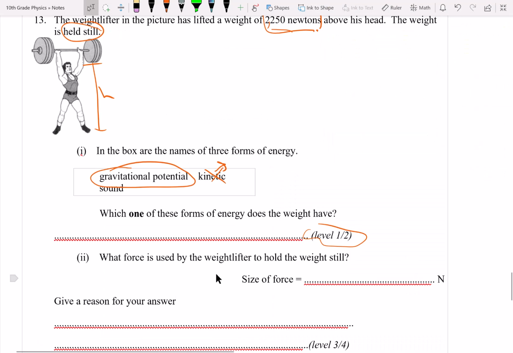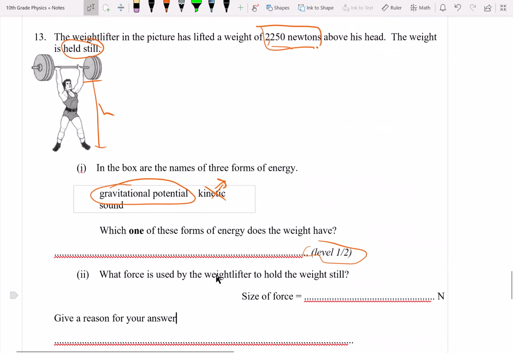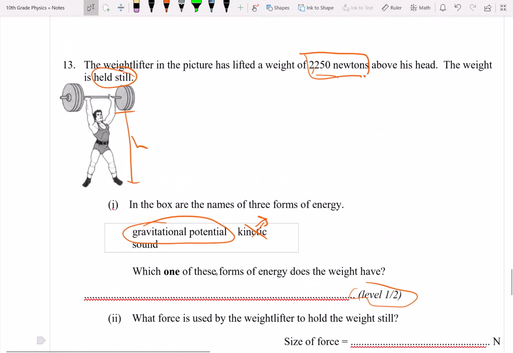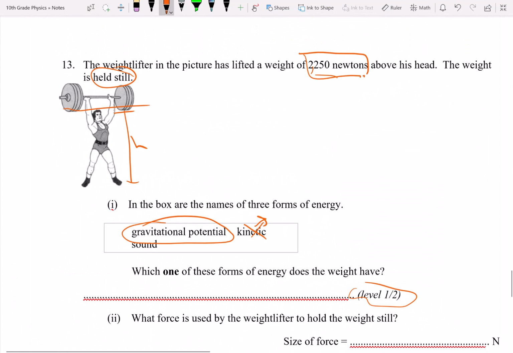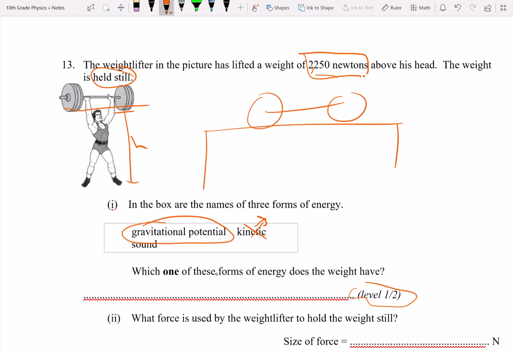And then it says, what's the size of the force? Well, in order for him to hold it there against gravity, it's just as if it was sitting on a table. Imagine it's sitting on a table. You know that gravity's pulling down on it. How hard does gravity pull down on it? Gravity's pulling down on it as much as it weighs, right? That's what weight is, how hard gravity pulls down on you.